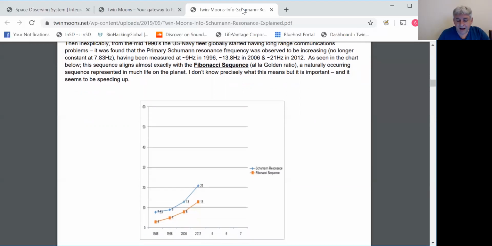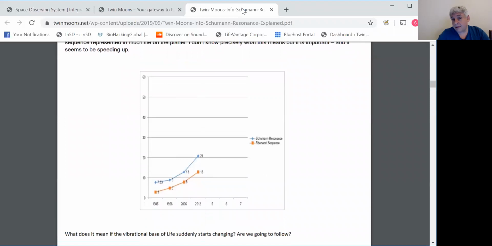So that leads me to believe that there is a natural order to the change. It is consistent with what you observe in nature, that if you're going to go through a period of growth, you adhere to a growth pattern.